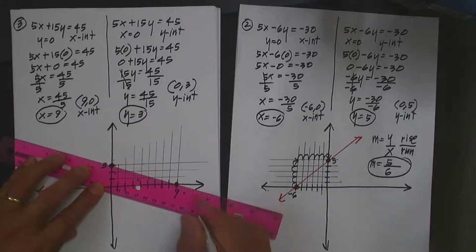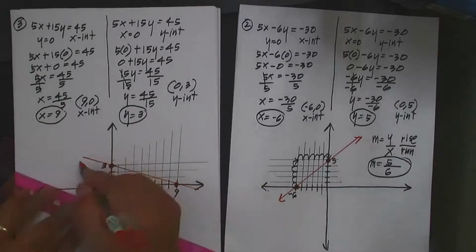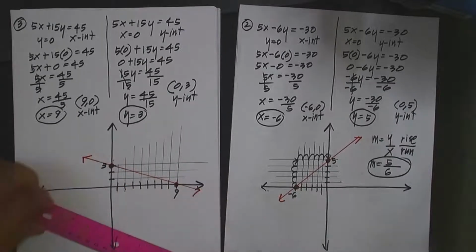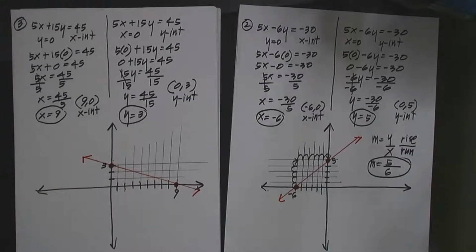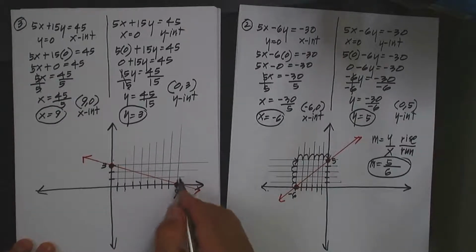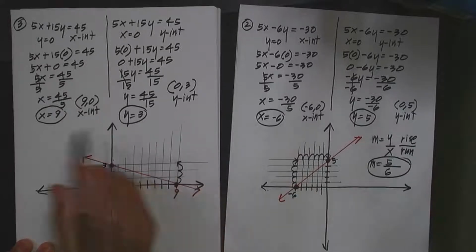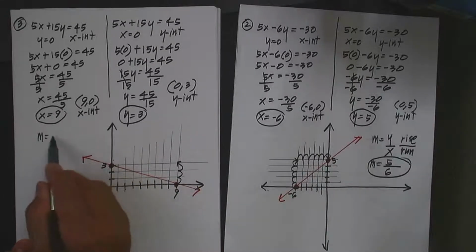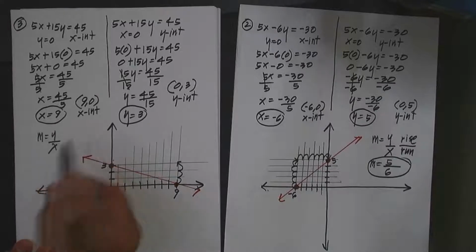Okay. What do you think is the slope here? Anybody can tell me? What is your slope right here? So from this point, you're going to start counting, going up. 1, 2, 3. So m is equals to y over x.